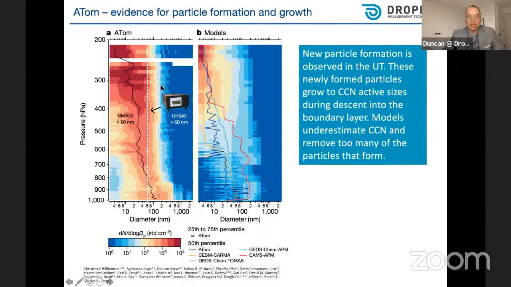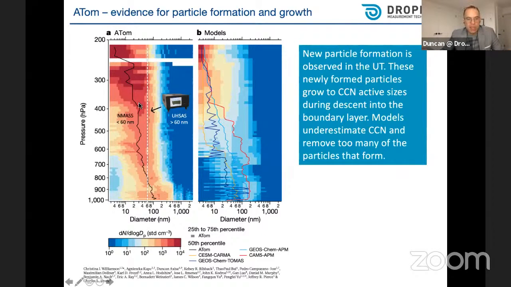So these are data from the UHSAS, the ultra-high sensitivity aerosol spectrometer, greater than 60 nanometers, which is this white line. And below 60 nanometers is data from the NMAS, this instrument that has 5 CPCs in parallel.